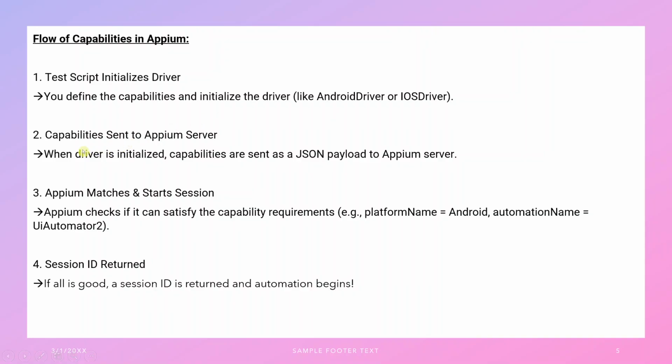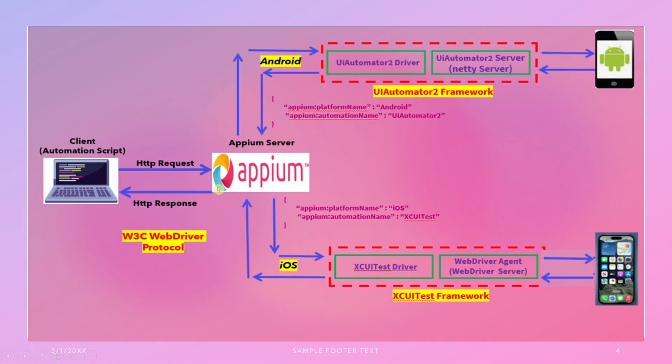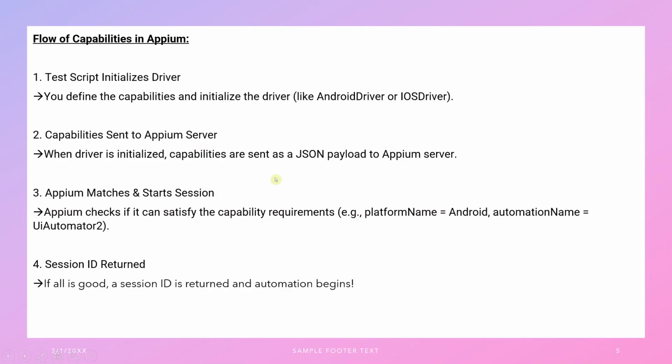Second, the capabilities are sent to the APM server. When the driver is initialized, the capabilities are sent as a JSON payload to the APM server. The APM server matches and starts the session.